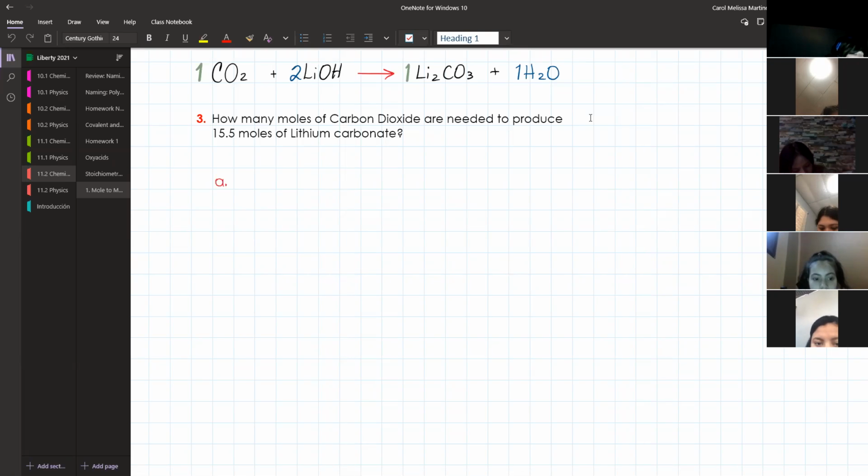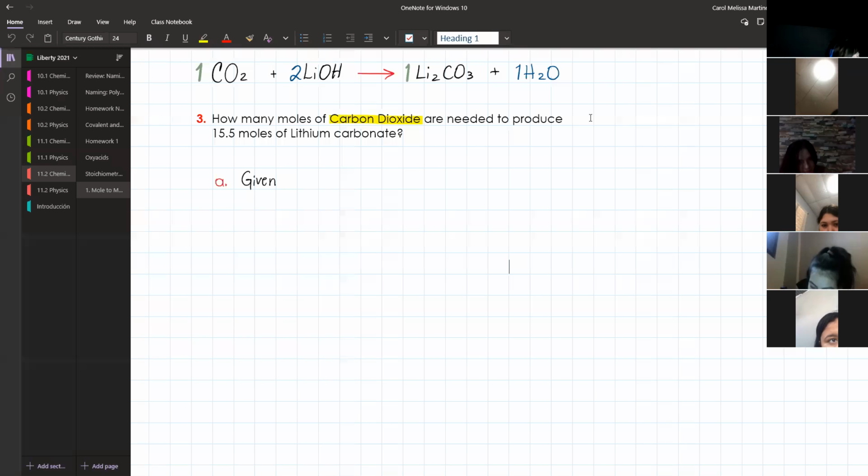The unknown is carbon dioxide and the given is lithium carbonate. Those are the substances involved, okay? Carbon dioxide and lithium carbonate.